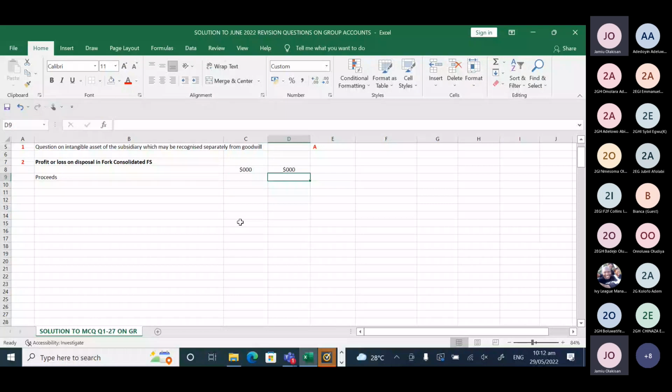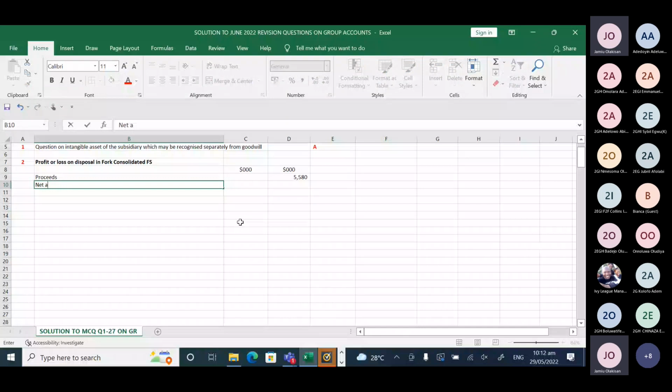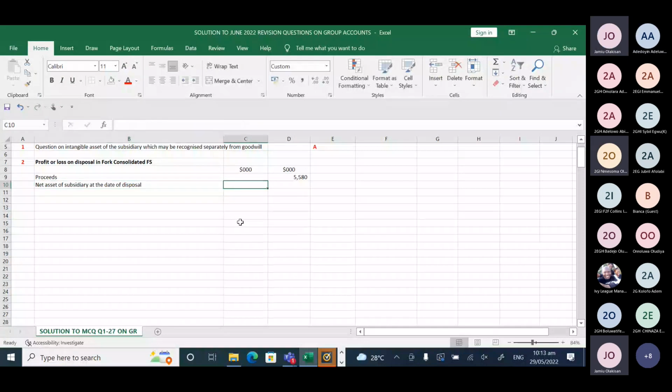The next thing is net asset of subsidiary at the date of disposal. So I'm using the first column. You can try the other approach, you will see that it will give you the same result. Can you remember what the figure is? It's 4,000 something. 4464.